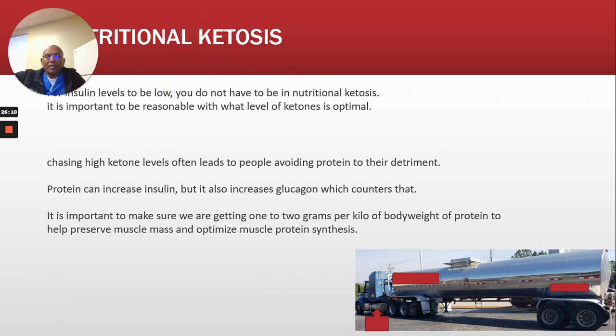Now, if you look at this truck here, you're seeing a big truck. This is a lot of energy. If you imagine this truck as the human animal, this truck is running on a gas tank, that is the carbohydrate gas tank, but it is carrying a huge tank of gas here. So that is what we are.